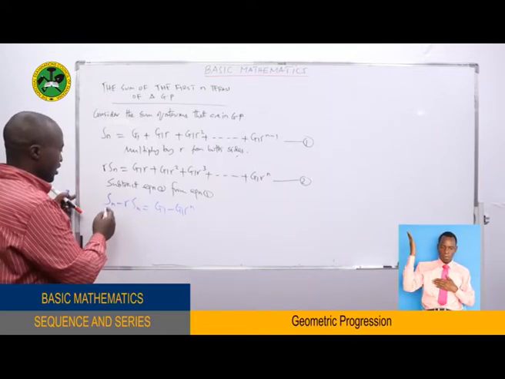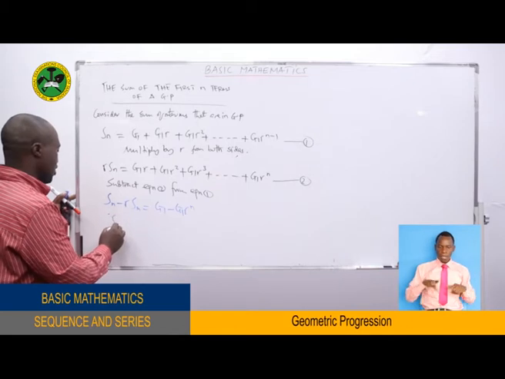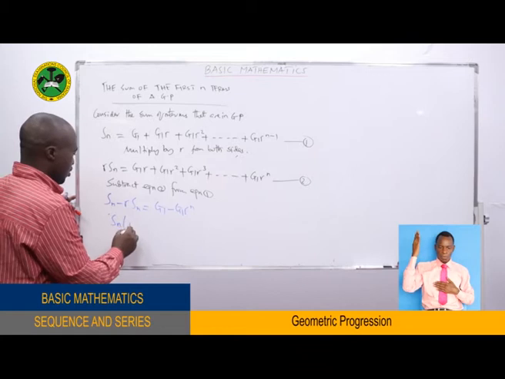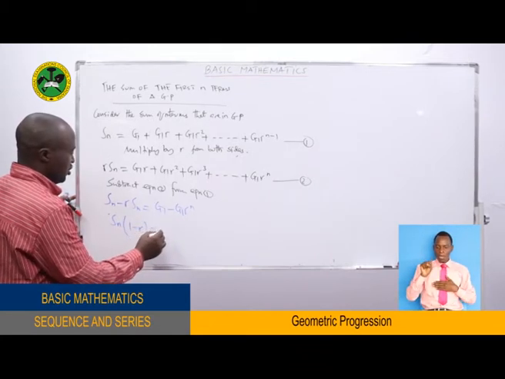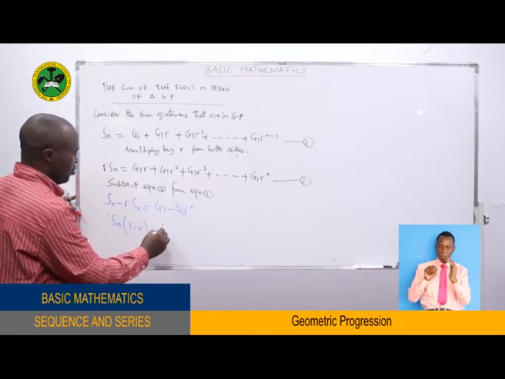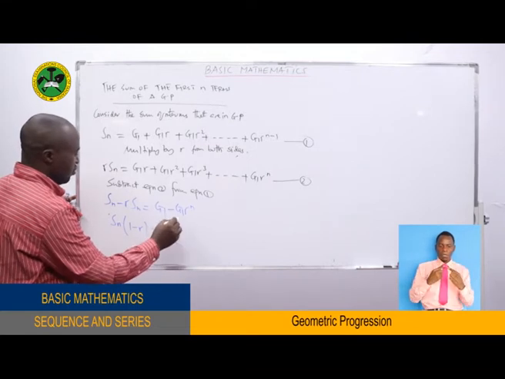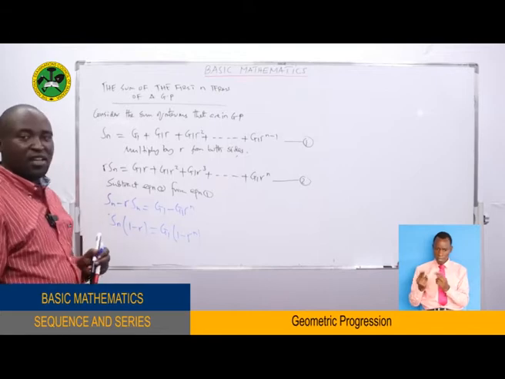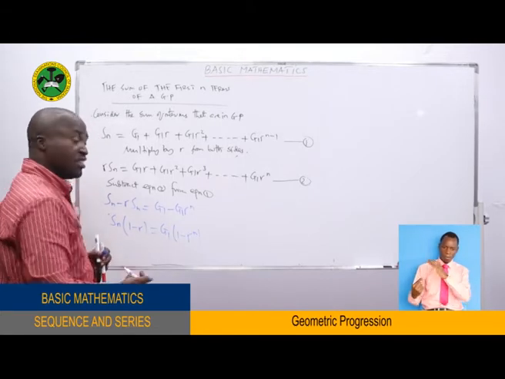So in this case, S_n is common, so we have S_n out of the bracket. Then we have 1 minus R, which is equal to, now G1 is common. We have G1 out of the bracket, 1 minus R power n. Now our interest is to make S_n the subject.